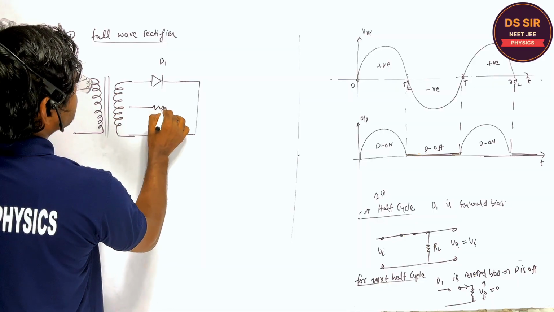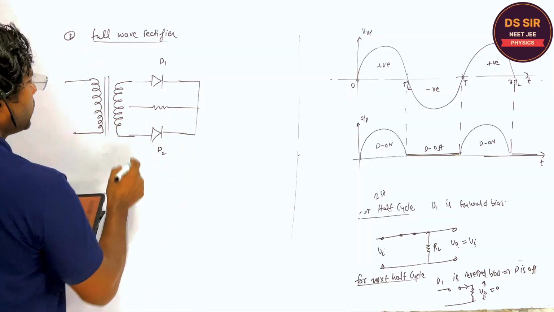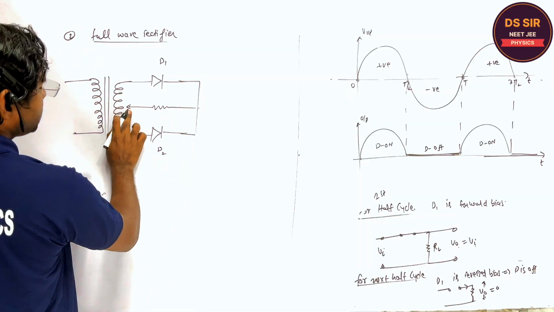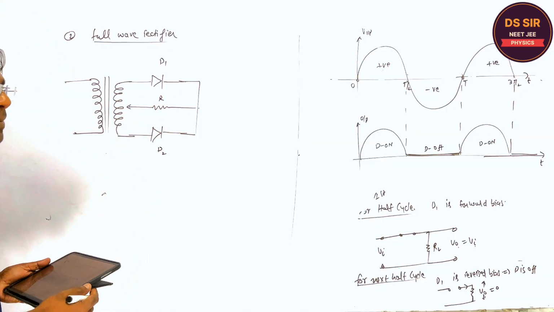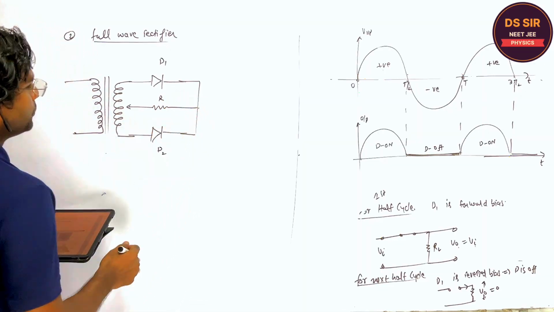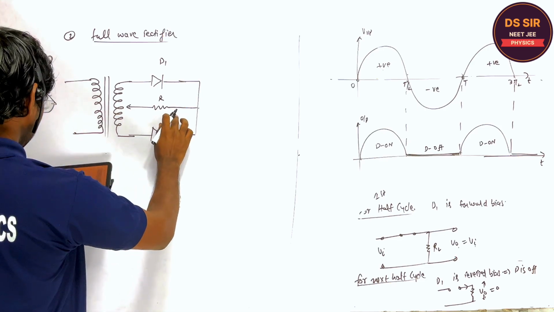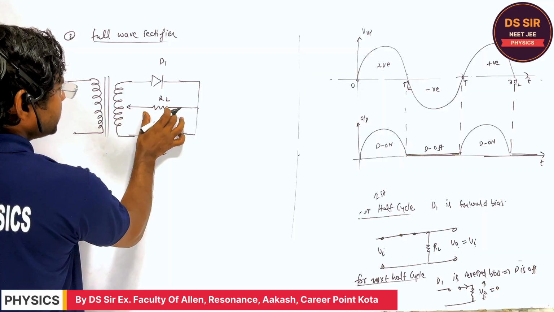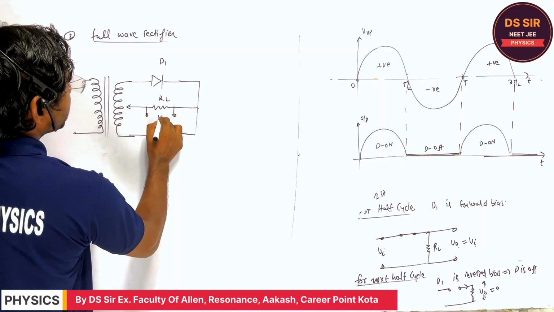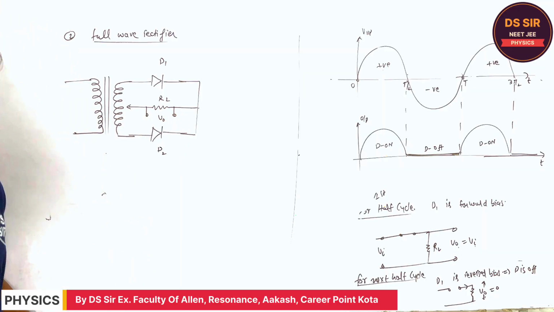And this is the resistance, the output resistance, and this terminal is connected to this point. So this is the full wave rectifier, and the output voltage is taken across this.